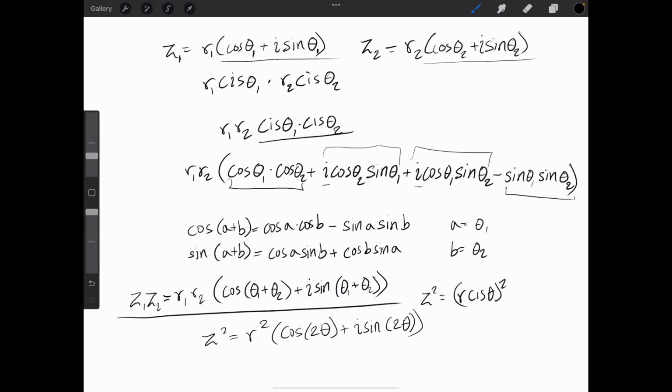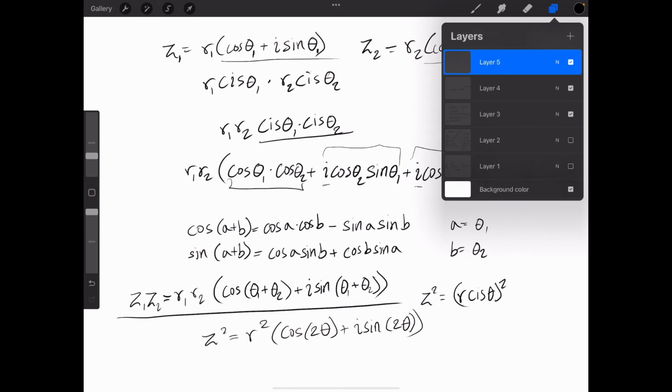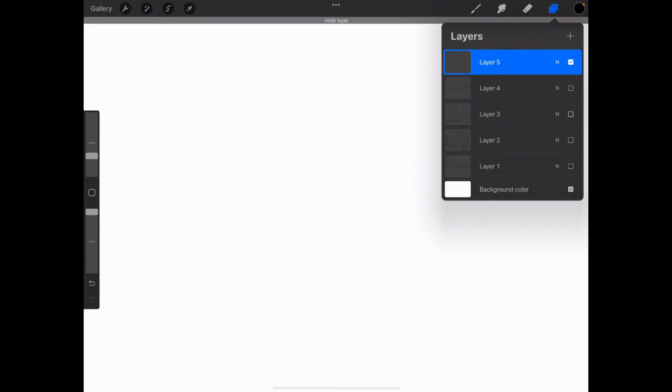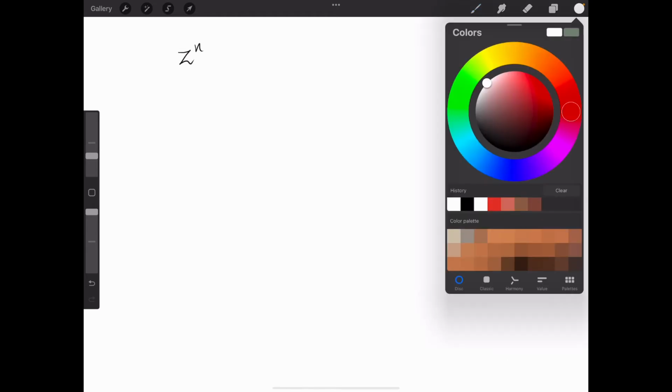Now this is where de Moivre's theorem comes into play. Let's just open the page. De Moivre's theorem says that z to the n is equal to, I apologize, r to the n multiplied by cosine of n theta plus I times sine of n theta.